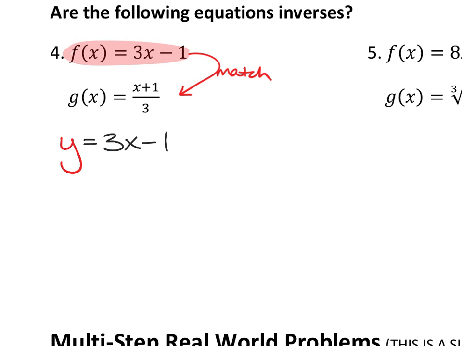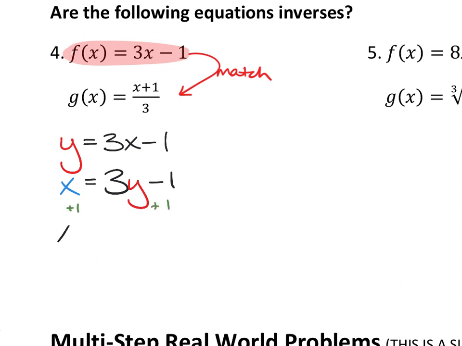And then I switch what two letters? X and y. And then I just solve back for y. Again, using inverse operations, what's the first thing I do in solving for y? Add 1 to both sides.